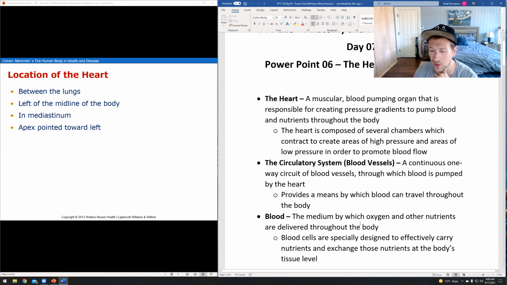We do have a closed circulatory system, by the way, as humans, which means that it is a hollow network of tubes, right? There are other types of circulatory systems out there, for instance, spiders, because they'll often swing around like crazy with their webbing.